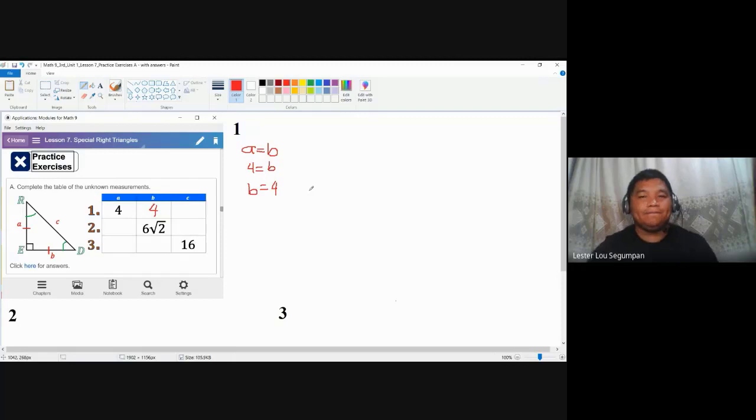Now, to solve for C, you could use the Pythagorean theorem, wherein C squared is equal to A squared plus B squared. Substitute the values for A, which is 4, and B, which is also 4. You would come up with 16 plus 16, which is 32.